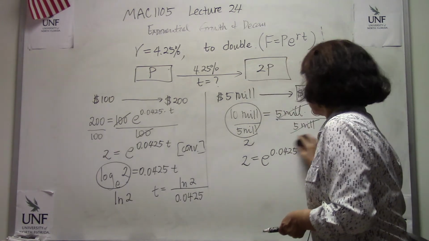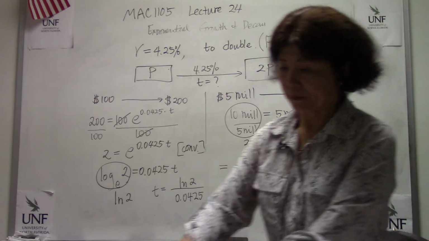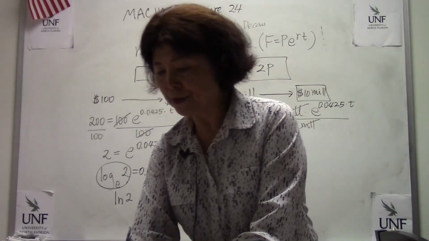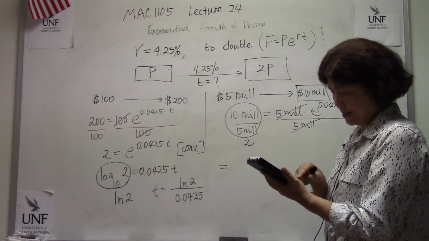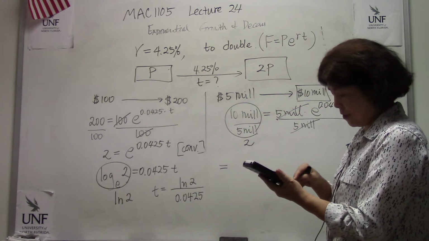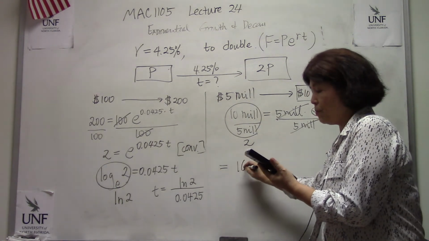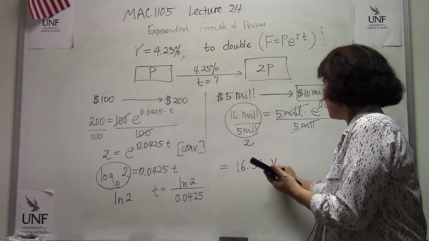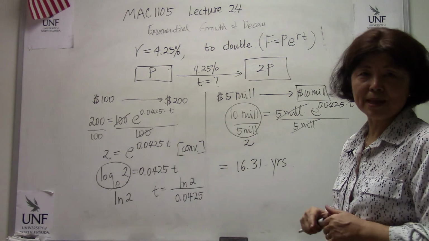So let's compute. Pick up your calculator, and that gives you ln 2 divided by 0.0425. That is 16.31 years. So in other words, it's a long time, isn't that right?